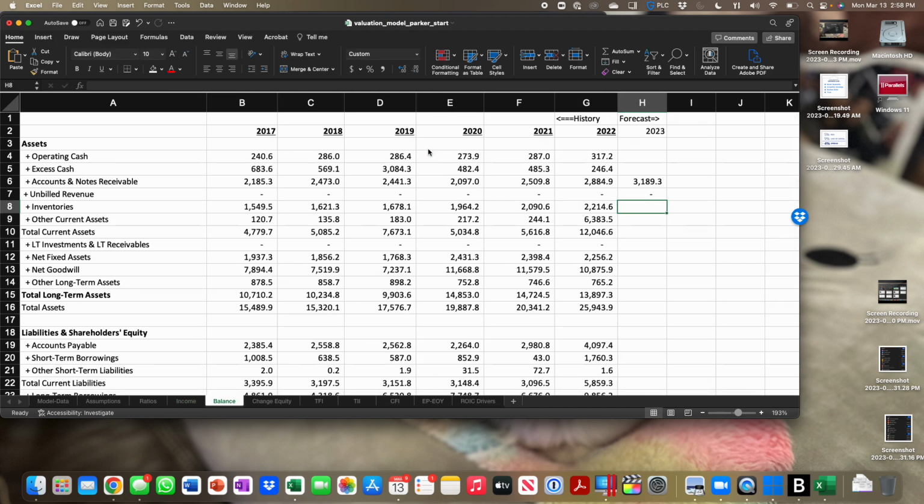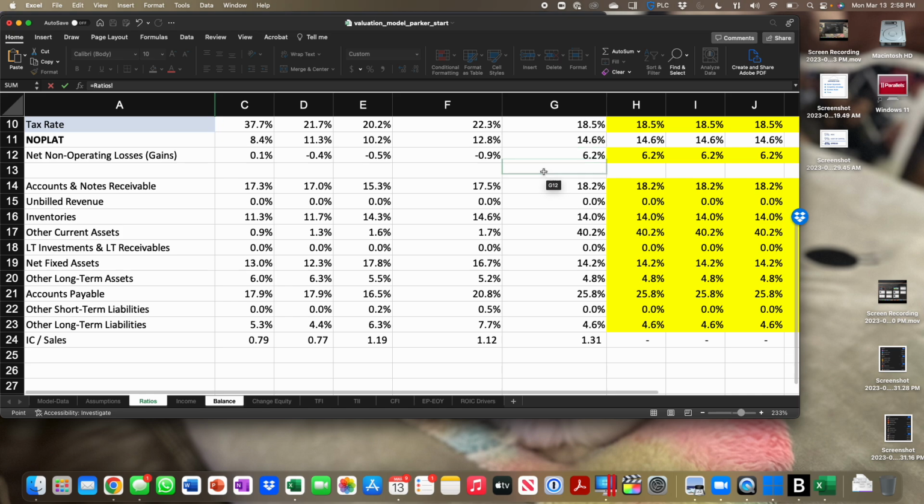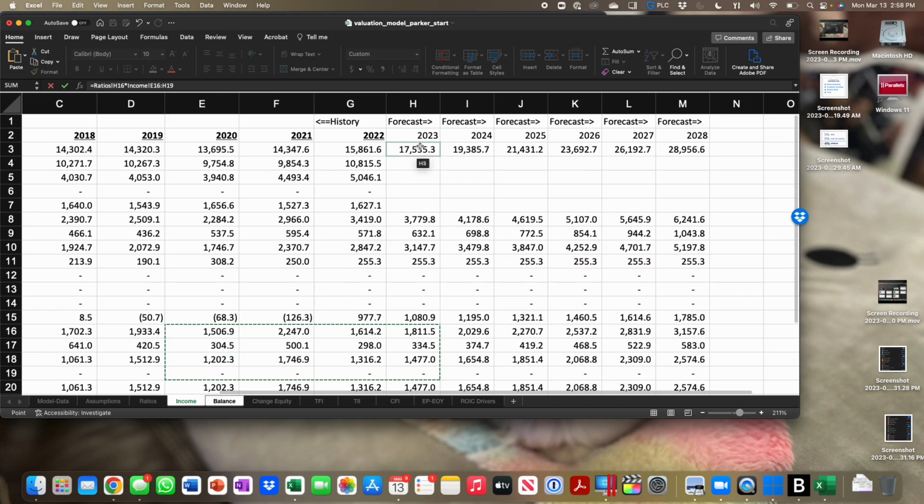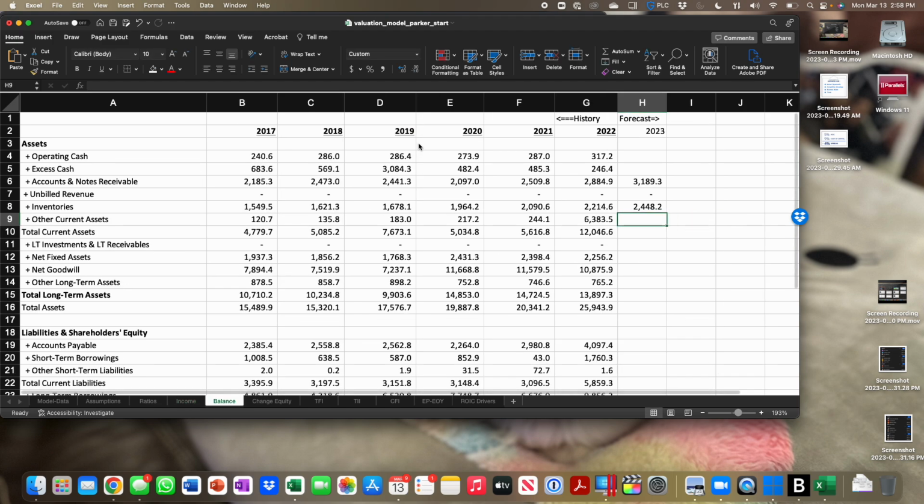The next item down is inventory in dollars. Equals from the ratios tab, inventory as a percentage of sales, that is H16, all the ratios, times income, 2023 revenue forecast, H3. So that should get you 2448.2 in inventory.